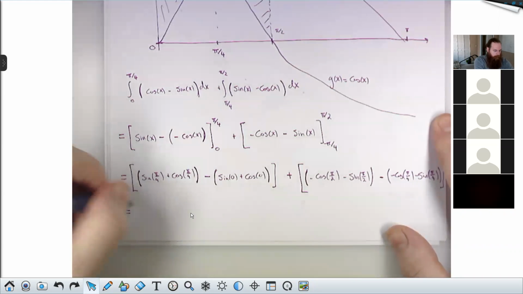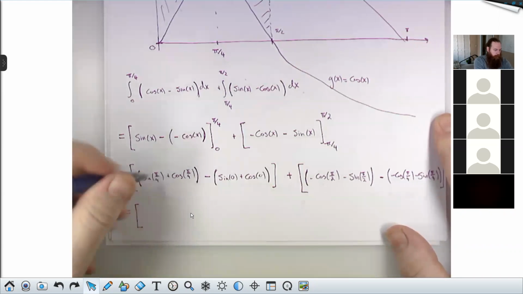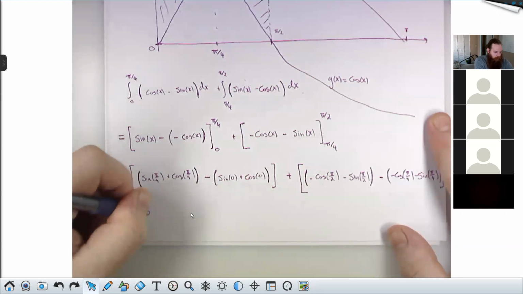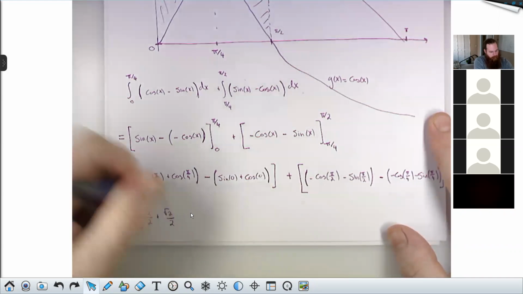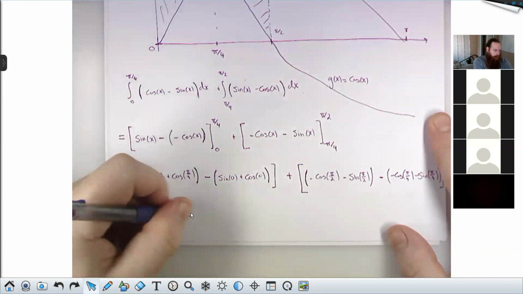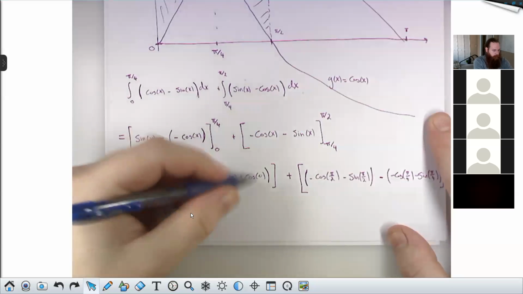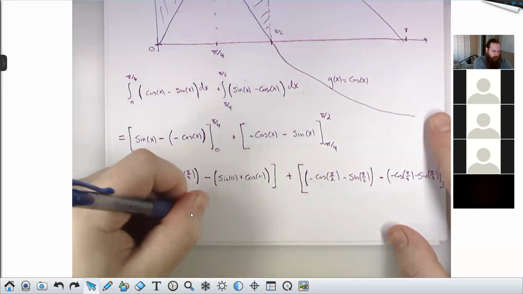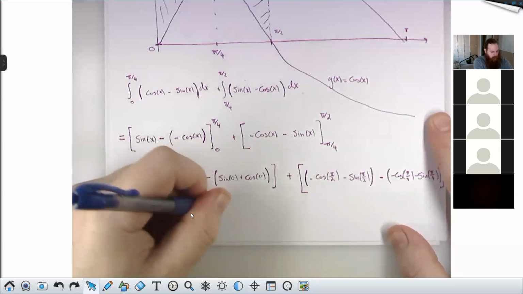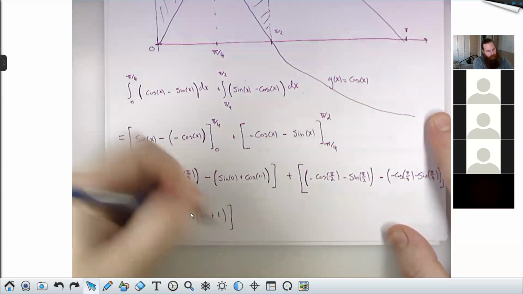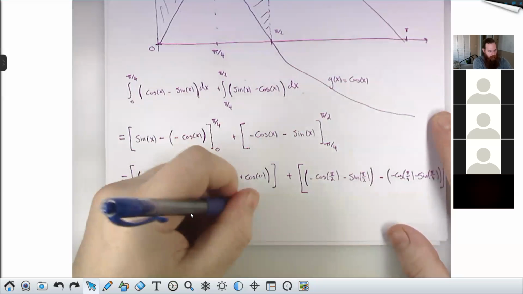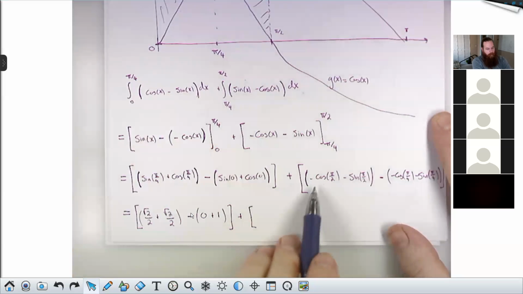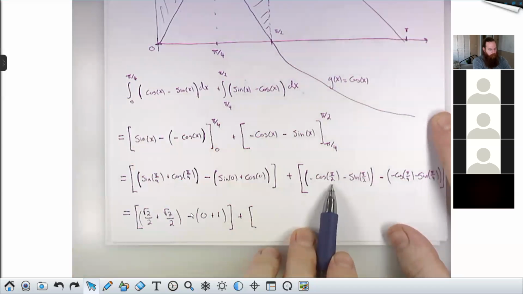The sine of pi over 4 and the cos of pi over 4, those are both root 2 over 2. Minus the sine of 0 is 0, the cos of 0 is 1. And then over here, negative cos pi over 2.